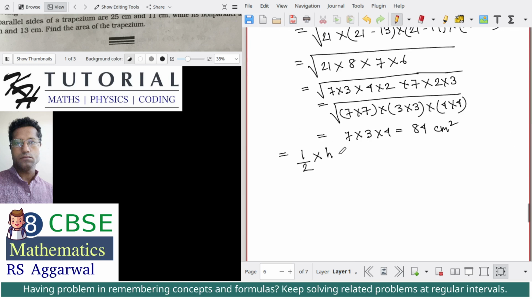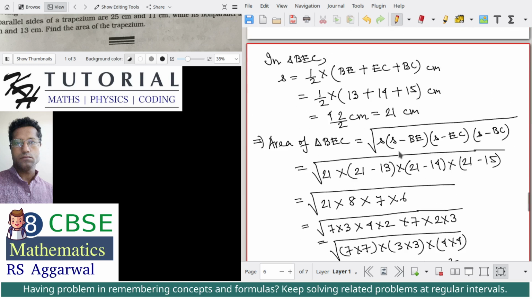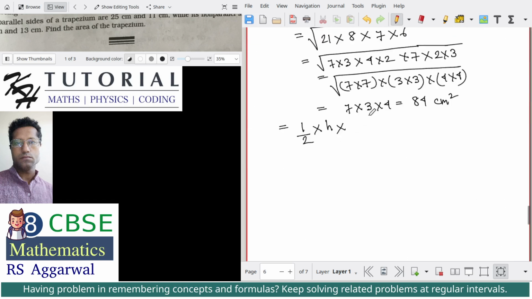So height multiplied by the base of the triangle BEC, which is EC, is equal to height by 2 multiplied by EC. The base of the triangle is nothing but the difference of the parallel sides of the trapezium. So 25 minus 11, which is 14, 14h by 2, which is equal to 7h.